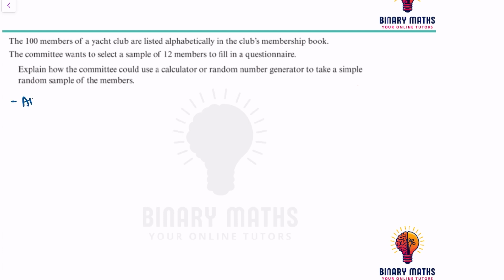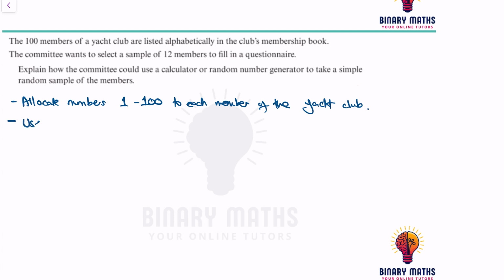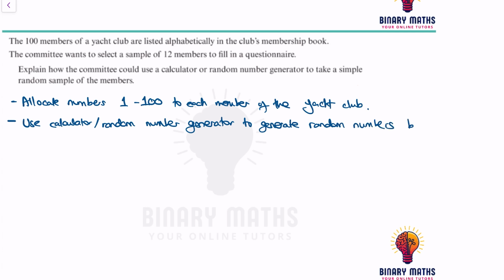So first step is allocate numbers 1 to 100 to each member of the yacht club, as there are 100 members. Next, use either the calculator or the random number generator to generate random numbers between 1 to 100.